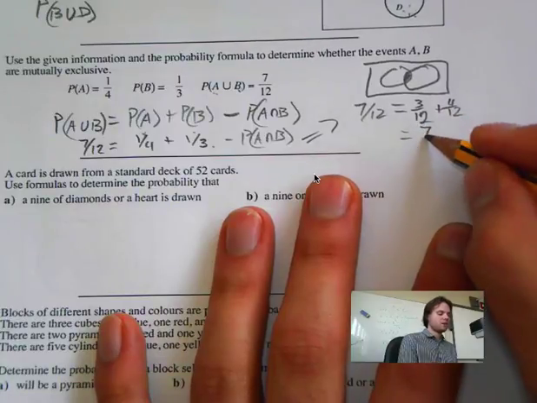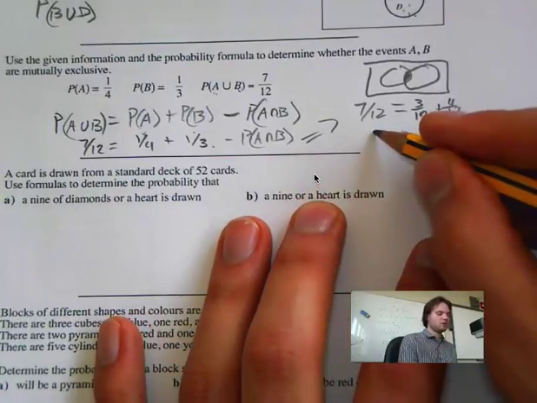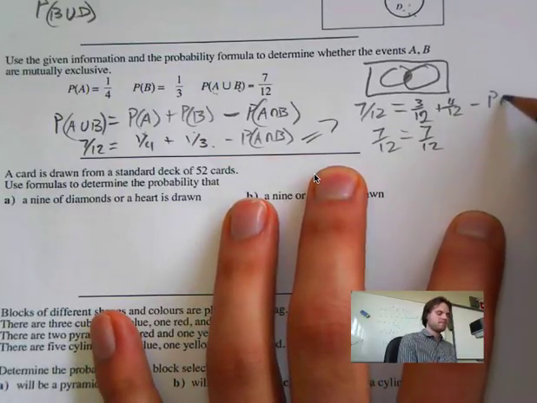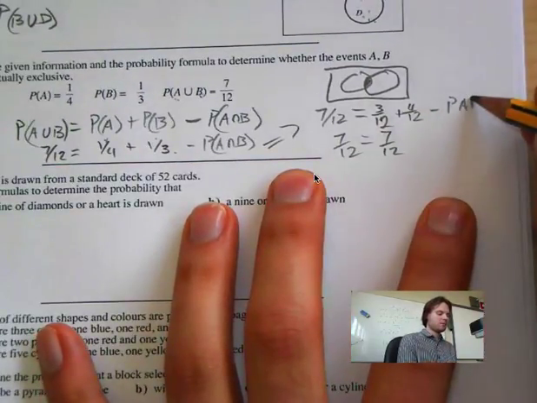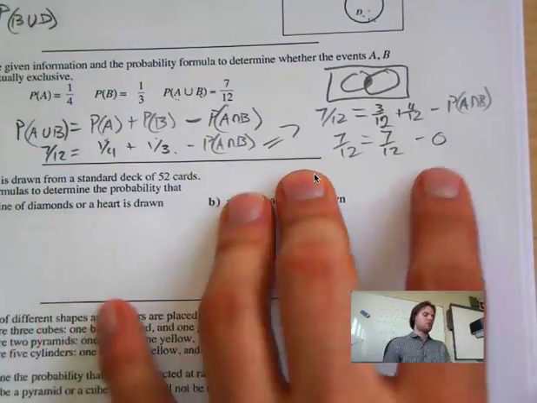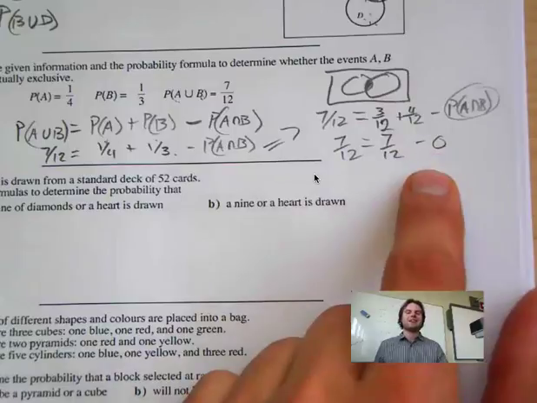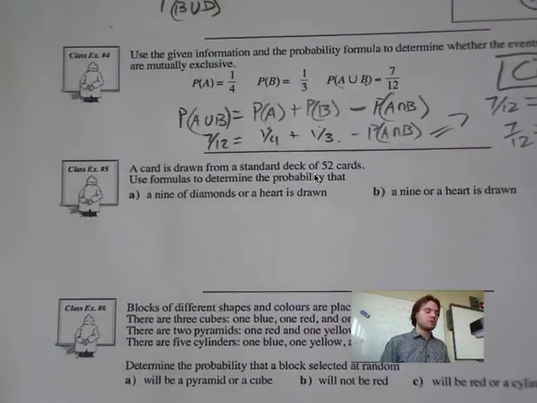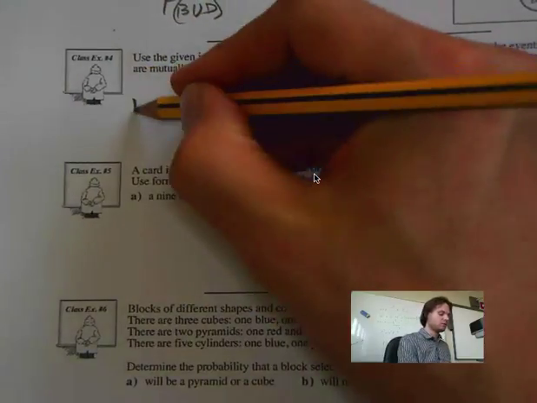Well, that's going to give me 7 over 12 is equal to 7 over 12. So we subtract the probability of A and B. Well, that's like saying subtract 0. So there is no overlap. We're subtracting nothing. So that means there's nothing of the events overlapping. So this one is mutually exclusive.